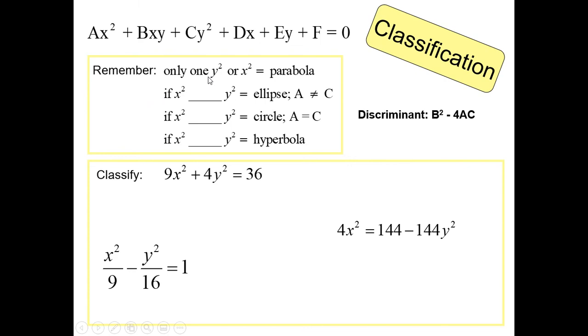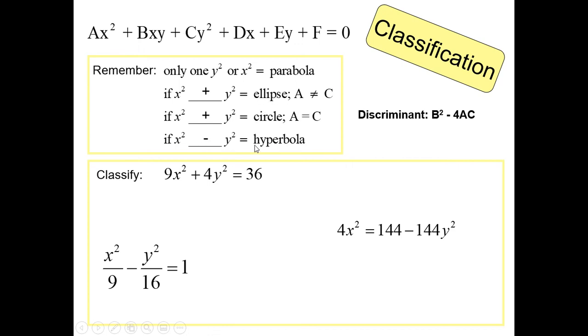If only one of these terms is squared, then it's going to be a parabola. If x squared plus y squared, it's an ellipse if a does not equal c. If x squared plus y squared, it's a circle if a equals c. So if these two coefficients are equal, then we're looking at a circle.